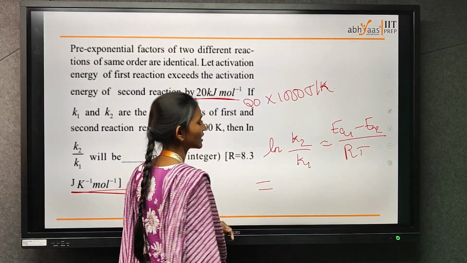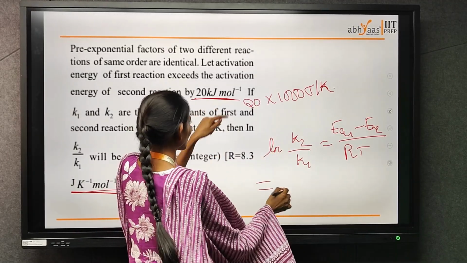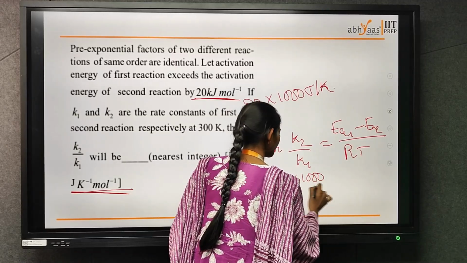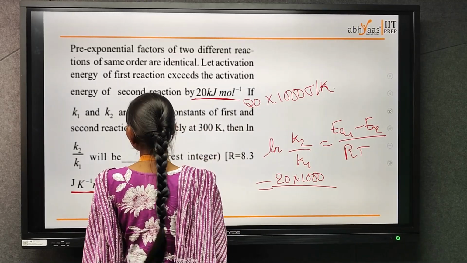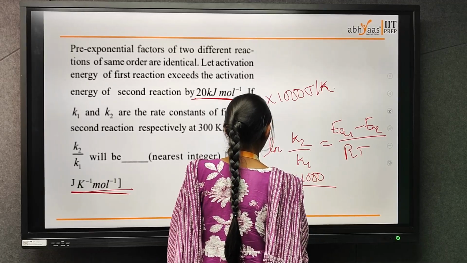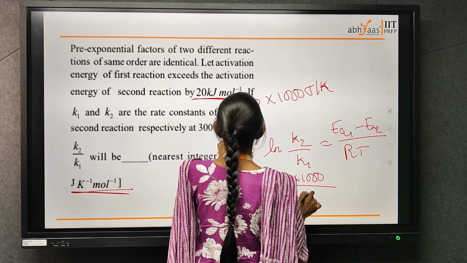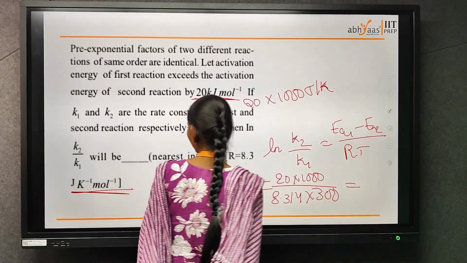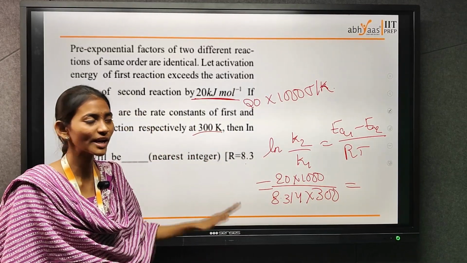So doing the calculation, Ea1 minus Ea2 means 20 into 1000, by the R value 8.314, temperature 300 kelvins. While doing the calculation, you will get some value. That will be your answer.